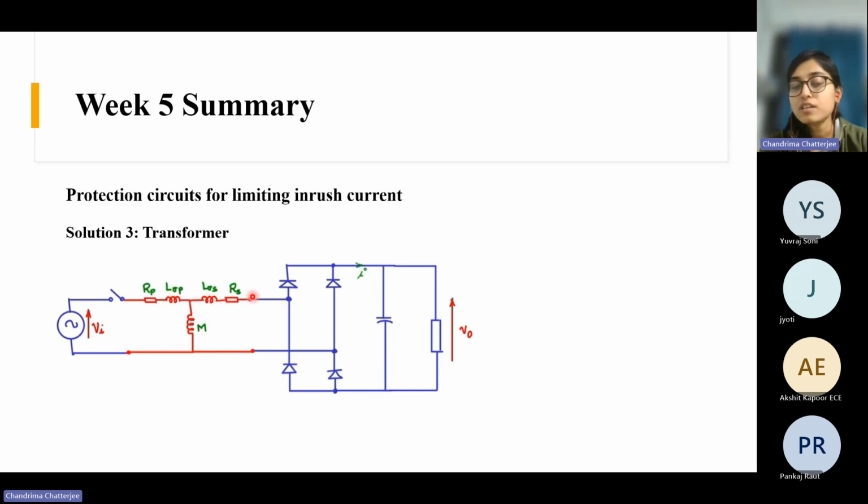Okay. So they will limit the inrush current. So this solution is a good solution. Other than that it is a bulky solution and it adds to the cost, it has many advantages. This is the third solution.